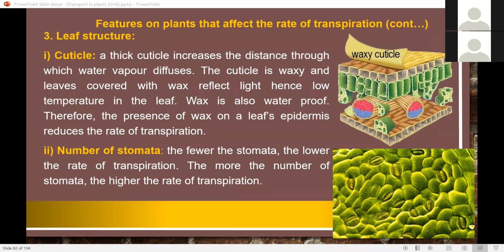So if it hits the top surface and water is going to come out of those fewer stomata on the top surface than on the lower surface, it means the rate of transpiration is going to be lower. But if it was vice versa, it would be higher since there are more stomata at the top, I think. Okay, thank you.